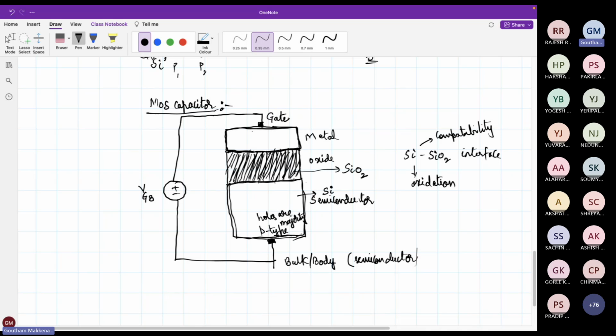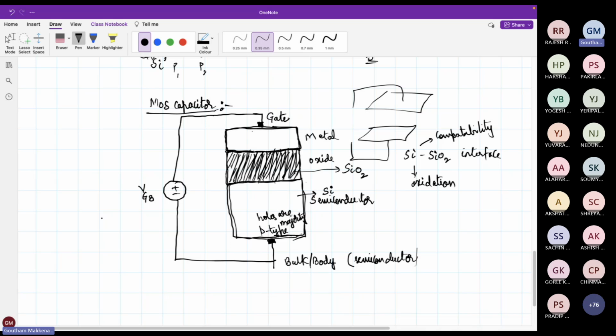Silicon dioxide is an insulating material which is acting as a dielectric between these two plates. So can I say that this is nothing but a parallel plate capacitor? Okay, so that is why this is called a MOS capacitor. This terminal I am referring to as the gate terminal, and this terminal I am referring to as the bulk or the body terminal.